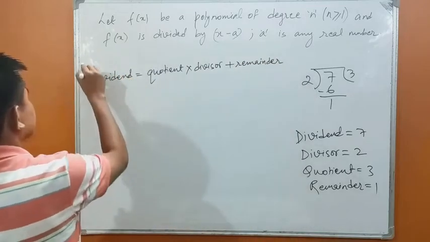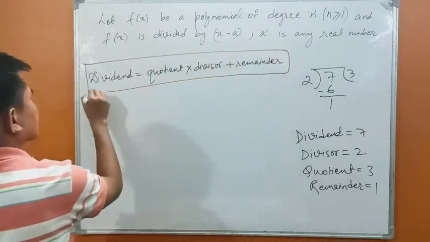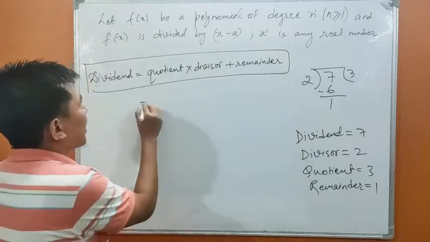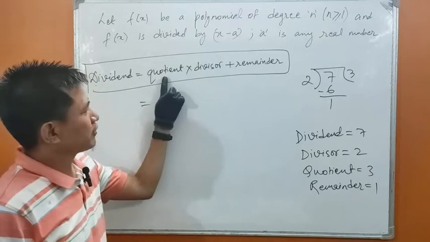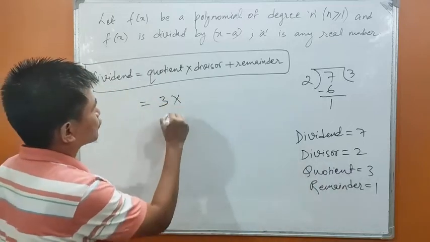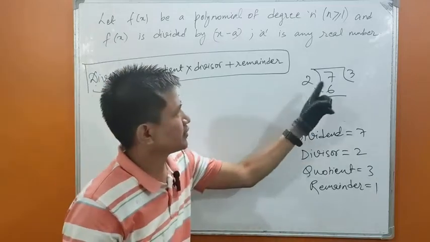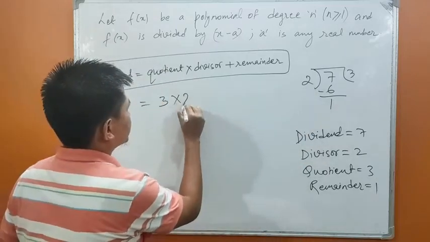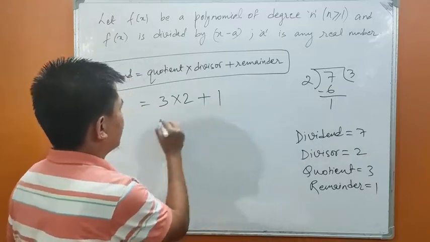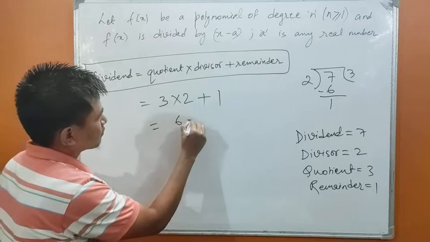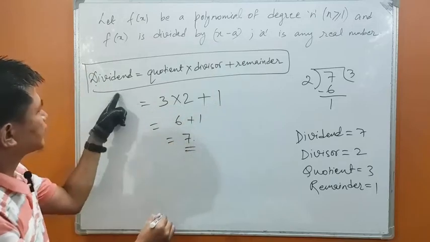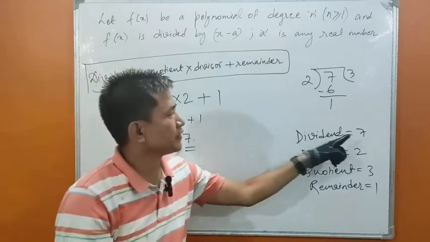Let's check whether it holds true or not. Quotient is 3 into divisor, which is 2, plus remainder, which is 1. 3 2s are 6 plus 1. 6 plus 1 is 7. So we got dividend as 7 and dividend is 7.